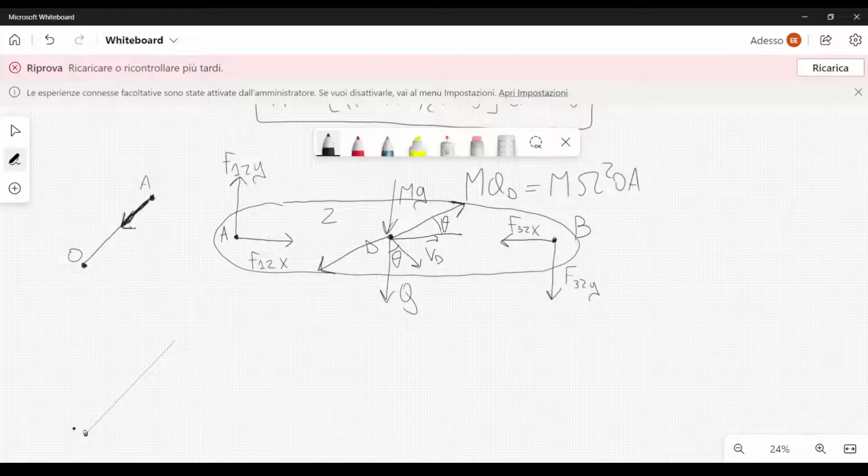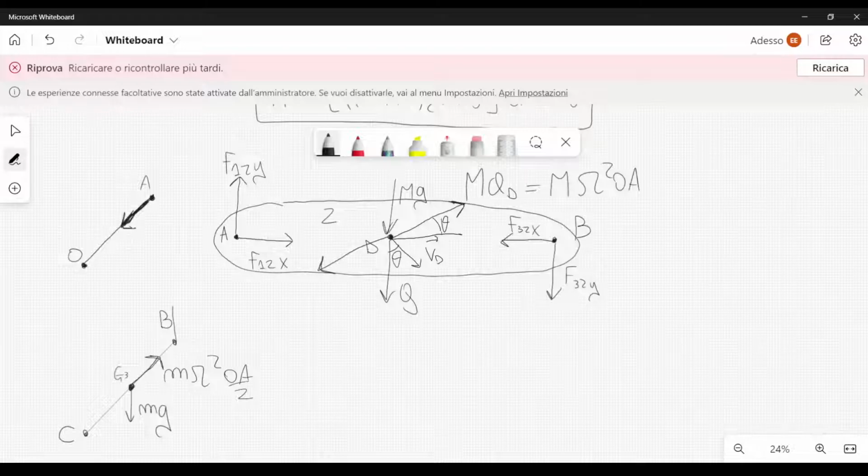So this is the second rod, so this is the point C, and this is the point B. And at the point G3 we have mg, and we also have a centrifugal force directed in this manner, and it is m omega squared OA over 2.